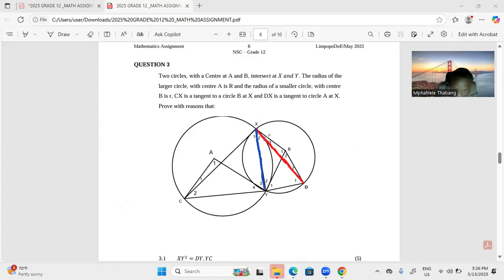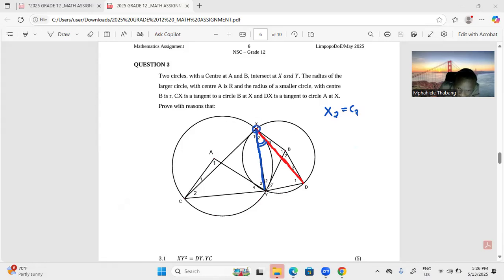Which means the angle x2, which is the angle between the tangent and the chord, is equal to the angle in the other segment. x2 is equal to c2 according to the tan-chord theorem. How did I know that it's c2? Just use the same chord.